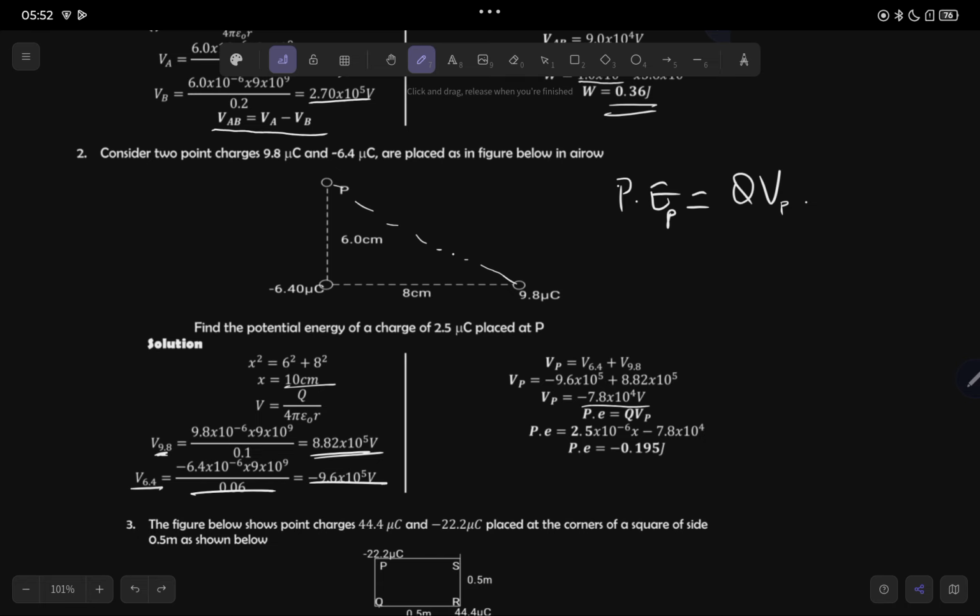Now, if you bring a charge of 2.5 microcoulomb and place it at P, the potential energy will be given by the charge that you have brought, 2.5 times 10 power negative 6, times the electric potential at P, and we get the answer as negative 0.195 joules.